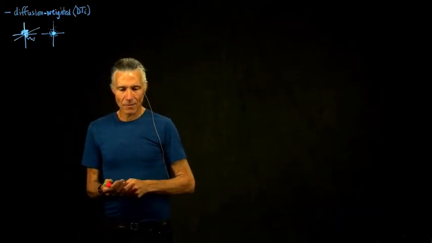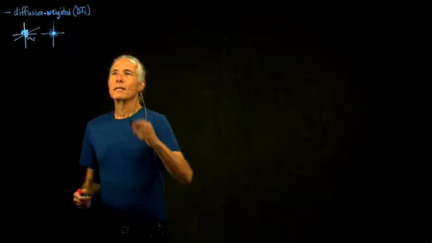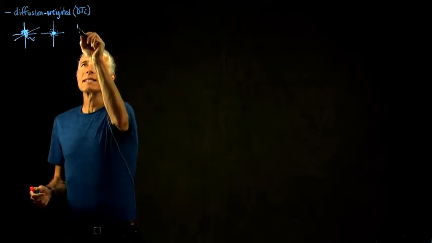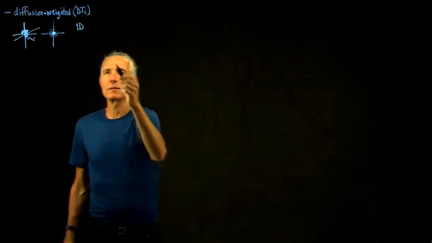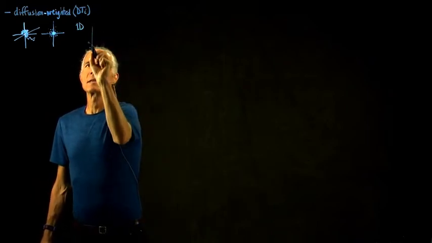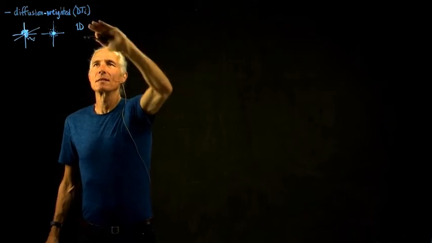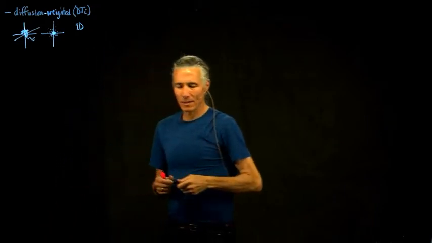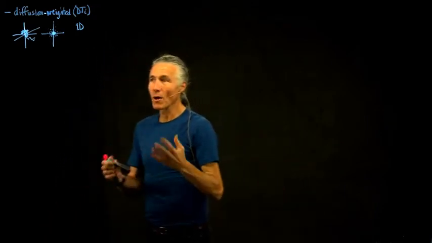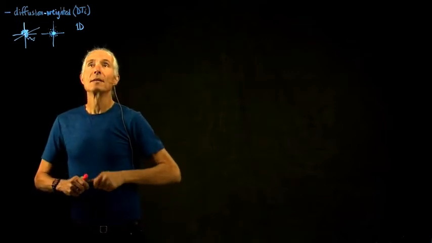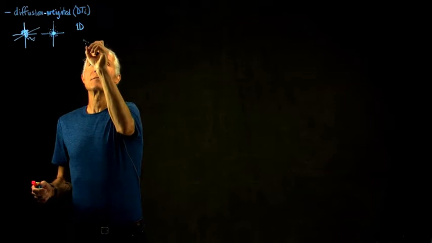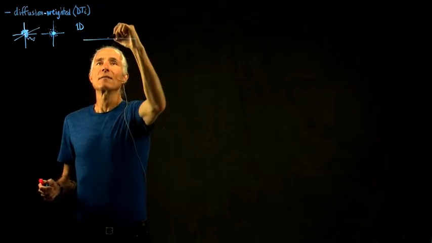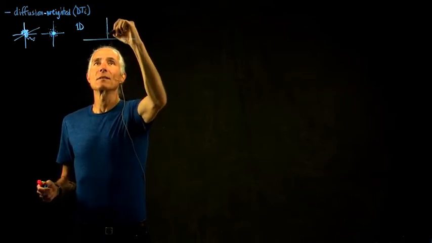So if you do this in 1D, what you get if you start off with the particle right at the middle, or with all the particles right at the middle, you can sort of imagine that you have like a delta function right at the middle.